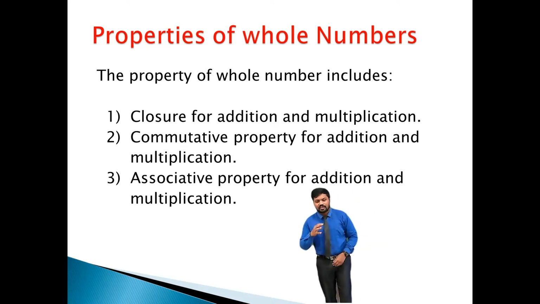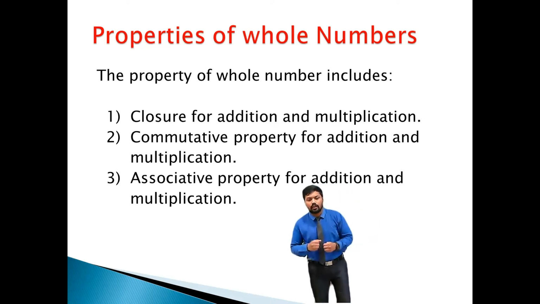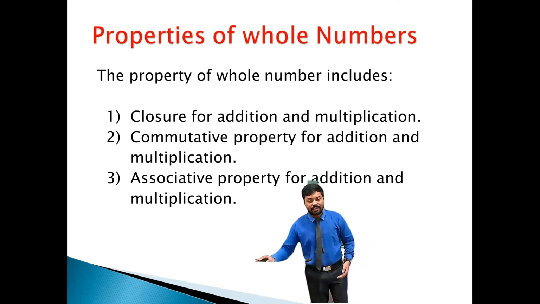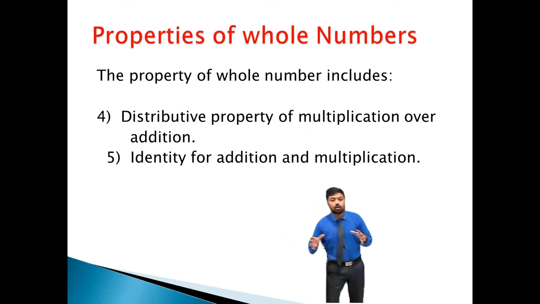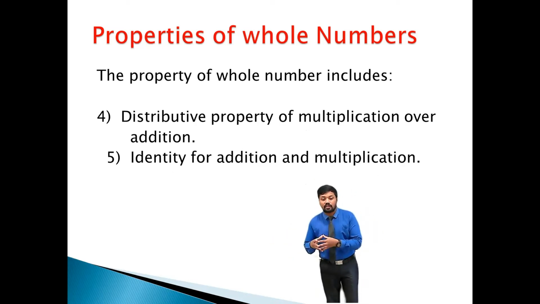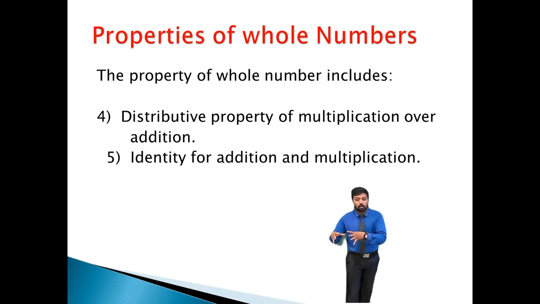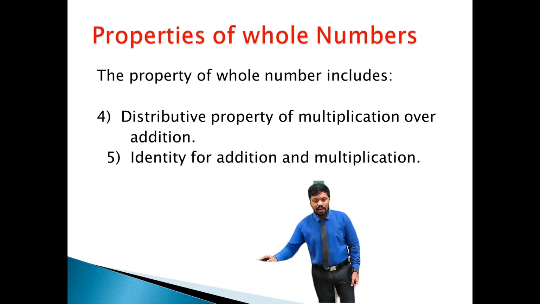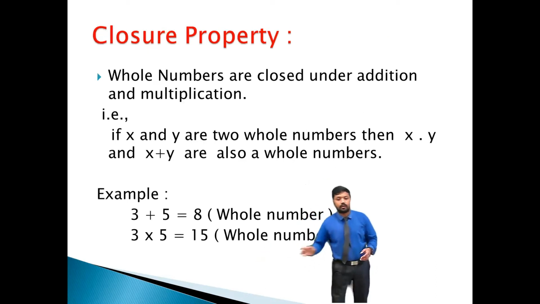Okay, so let's see the properties: closure property, commutative property, associative property, distributive property, and identity for addition and multiplication, that is, the multiplicative identity and additive identity. Now let's go into the closure property.